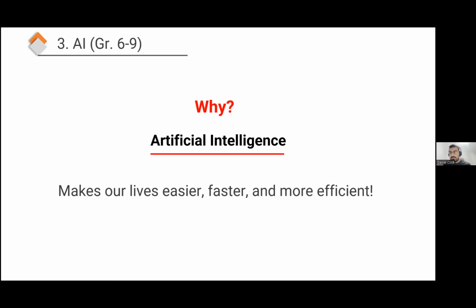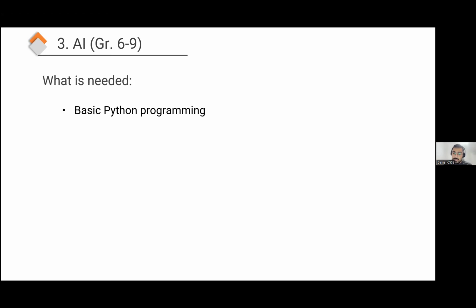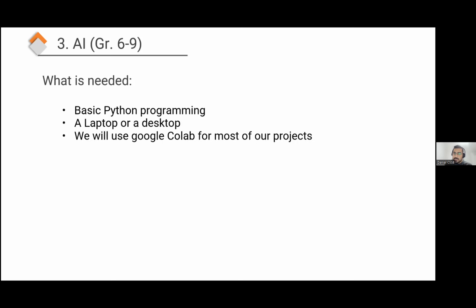So what do we need for this class? At first, we need basic Python programming. For taking this class, first you need to have knowledge of Python. This is very important. We're not going to teach Python in this class. It's a prerequisite. And you just need a laptop or desktop.